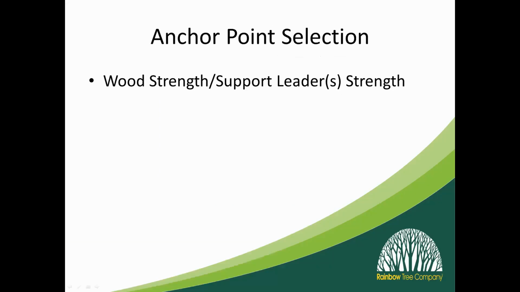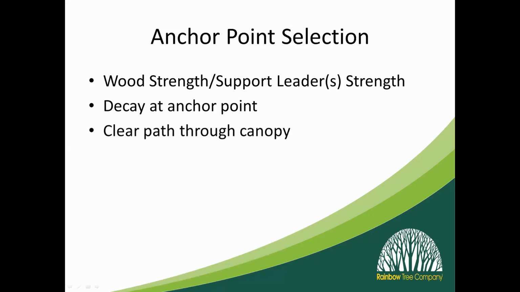Is the wood sound enough, and can the supporting leader support the load? This is going to be all about supporting, so just bear with me. Is there decay at or around the anchor point? Do we have a clear path for the cable to run? Do we have to take out some larger limbs, and is the client aware of that? Maybe 3-inch, 4-inch limbs.